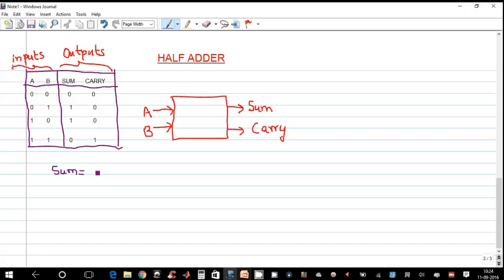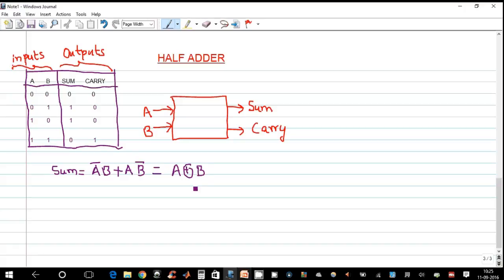This is represented in terms of a Boolean expression as A bar B. There is one more set of inputs that results in a sum of 1, that is A is 1 and B is 0, so that's why we write A B bar. Now you can see A bar B plus A B bar is nothing but the XOR operation, that is A XORed with B.